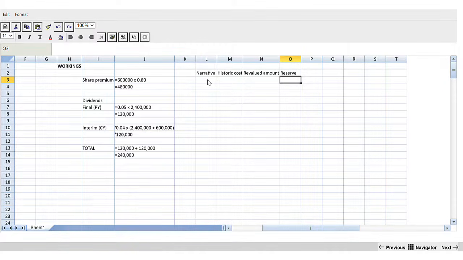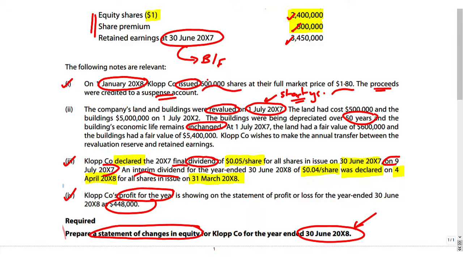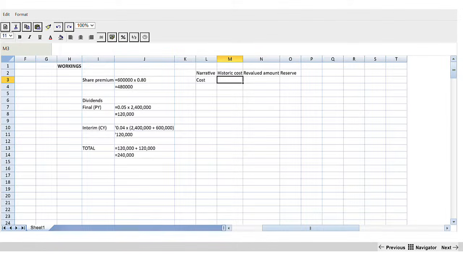Excellent. So the narrative, what we've got there is our costs at the start of the year. What I can see is you've got 500,000 and 5 million. So is that 5.5 million? And then what we're told, again, it's entirely up to you, I would recommend it: show what you've done.